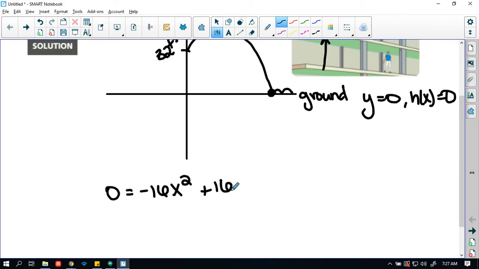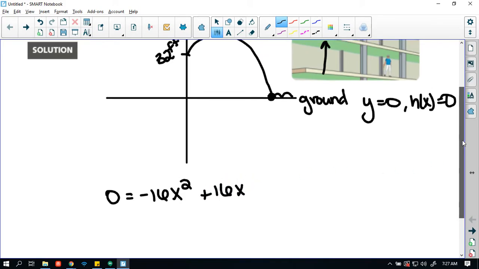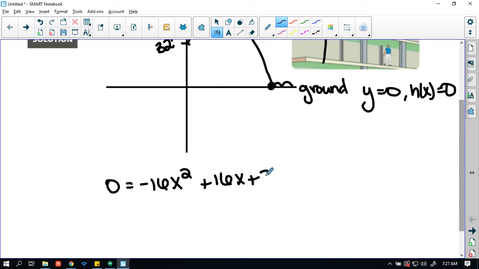Plus 16x plus 32. So right off the bat, I can see that 16 seems to be a factor in each one of these. And again, I don't like to start with a negative in the front, so I'm going to say that negative 16 is a factor in each one of these. So I'm going to factor that negative 16 out.